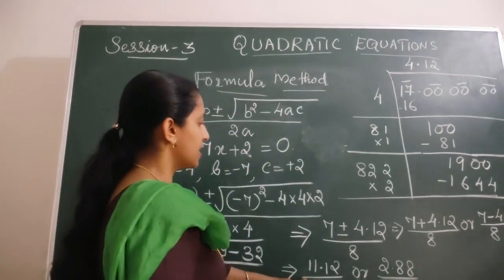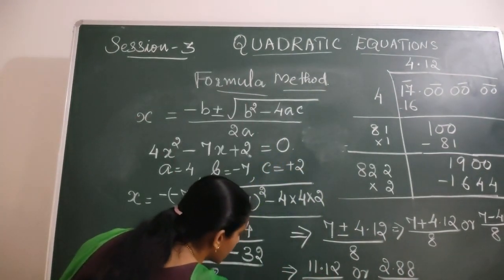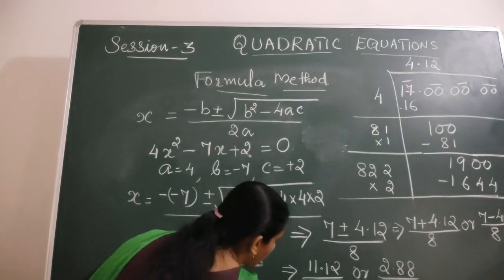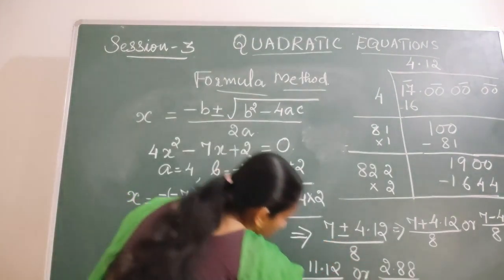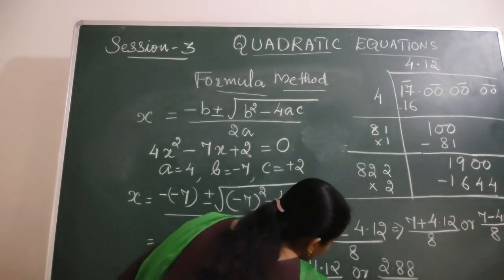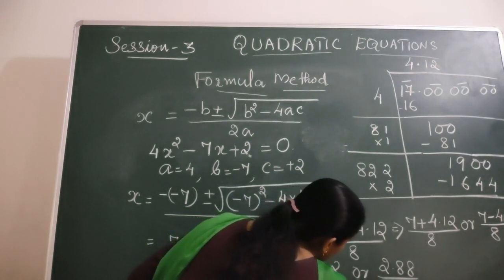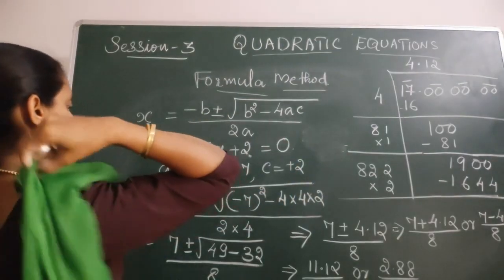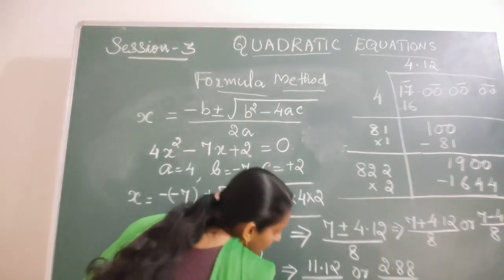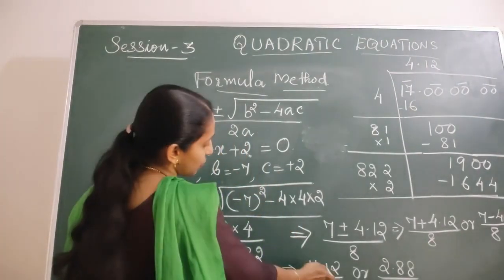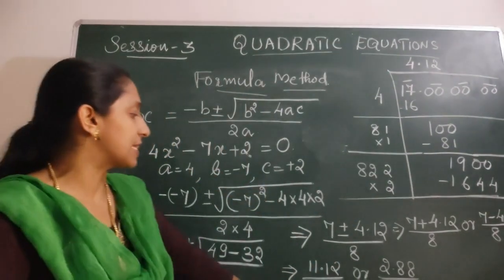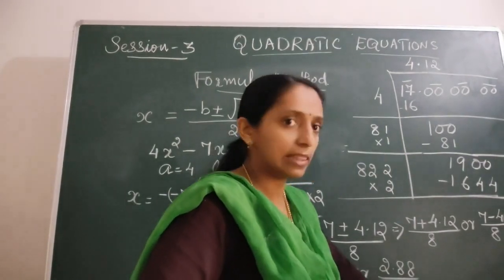Then after dividing by 8 you will get the value as 1.39 (3 8s are 24, then 9, right?) or 0.36.